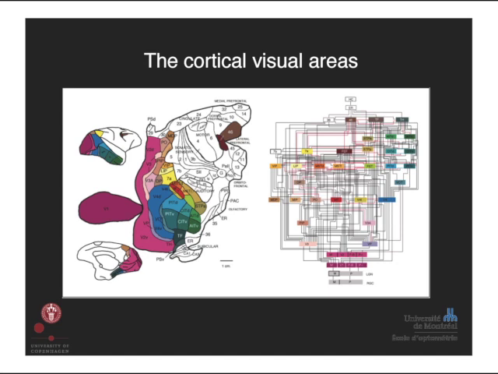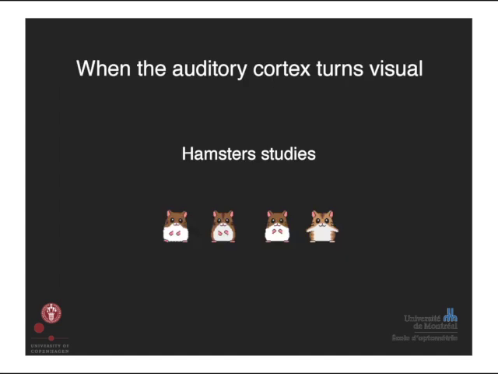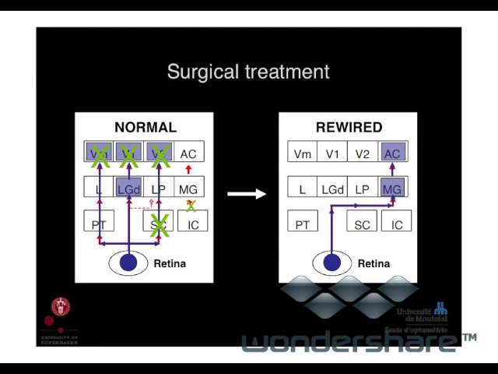Before I go into the human work, I want to show you a piece of animal studies where we reorganize the brain. These are studies done on hamsters, and the reason is that these animals are born premature, and we can do lesions of their system and show some kind of reorganization. In the normal visual system, the retina projects to area V1, the second projection is from the colliculus to V2, and the third projection is from the pretectum.